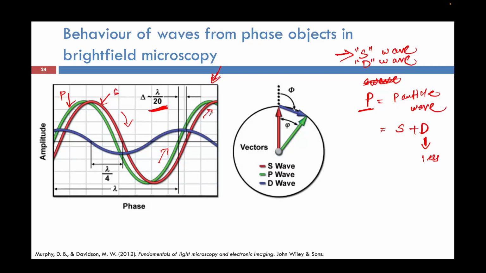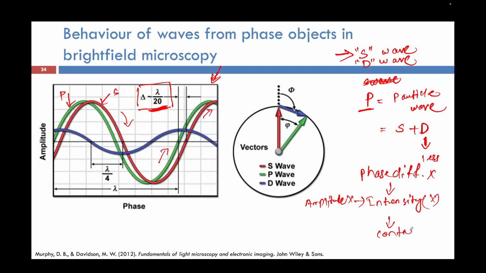On the image which has been formed on my screen in bright field microscopy when I have kept a phase object, what I have learned is that the path difference is not that great, and if the path difference is not great, then eventually the phase difference will also not be great, and then my amplitude difference will not be that great, and the intensity difference will not be that great.